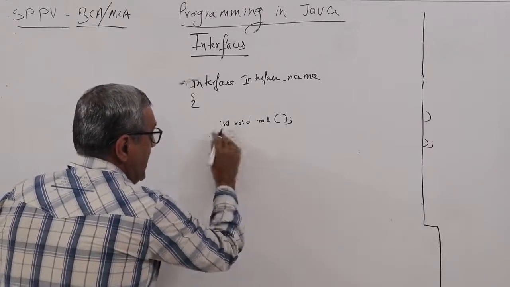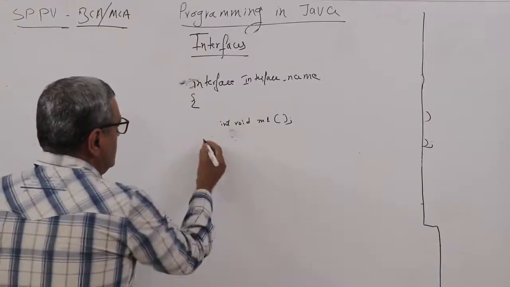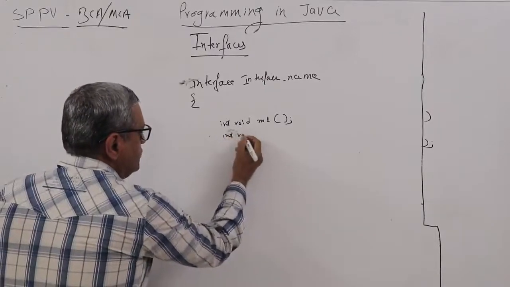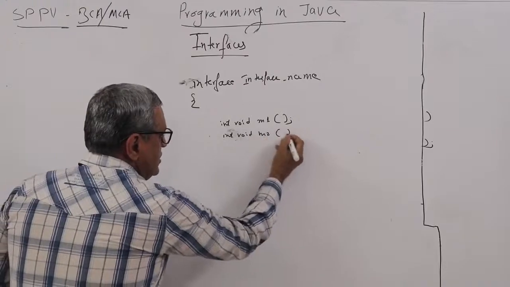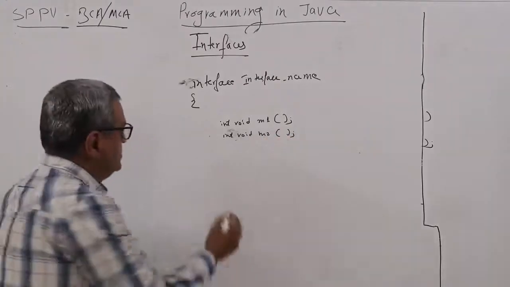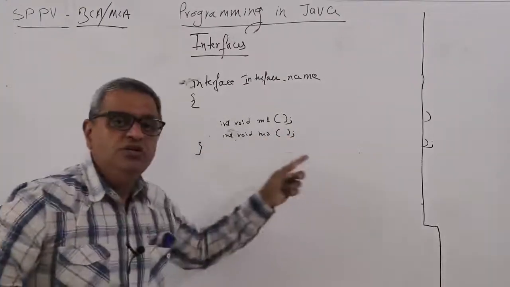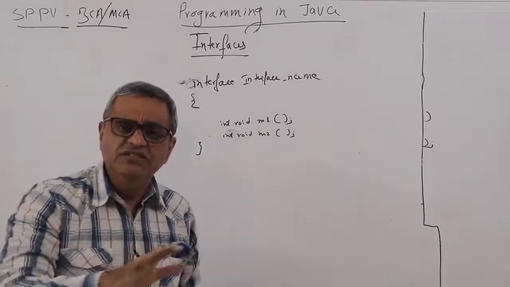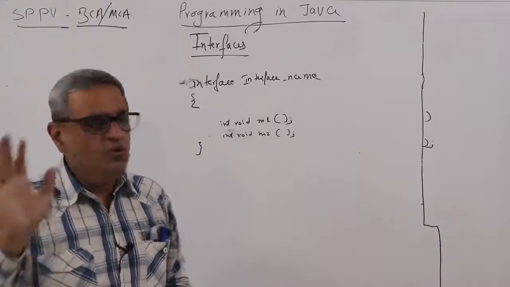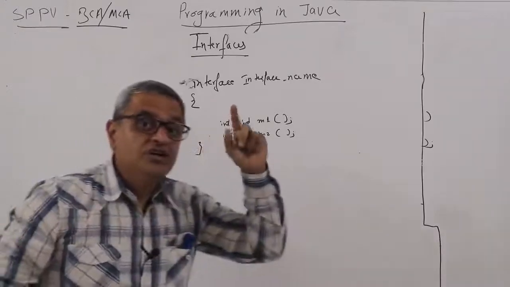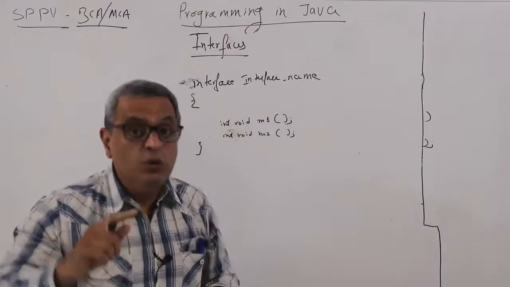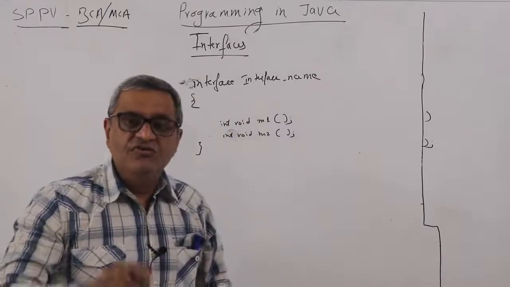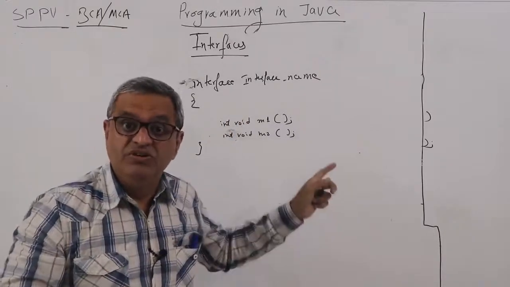They don't have any body within them. So suppose I have two methods declared in an interface, then I don't implement those methods in the interface. Interfaces are very abstract.